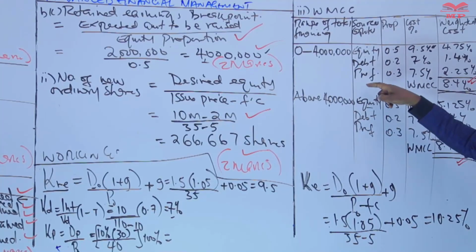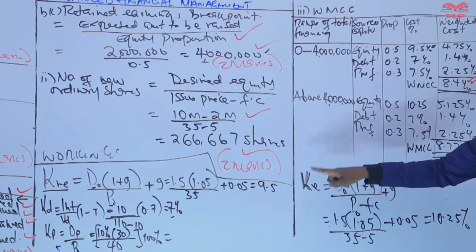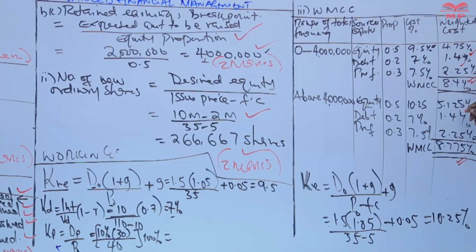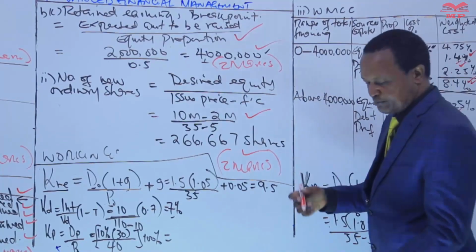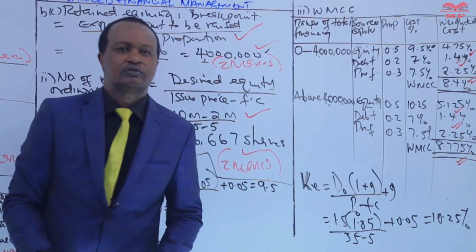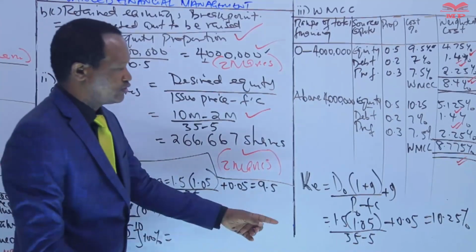The cost of retained earnings is always lower compared to cost of equity, which is higher, and you've seen that is why we have the difference, because you see cost of debt did not change, cost of preference shares did not change. That is 1.4, 1.4, 2.25, 2.25. So the cost has gone up because after the first break, the company had to issue ordinary share capital, and issuing ordinary share capital is expensive because of the flotation costs.